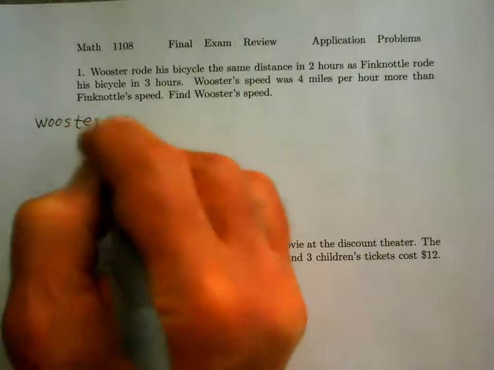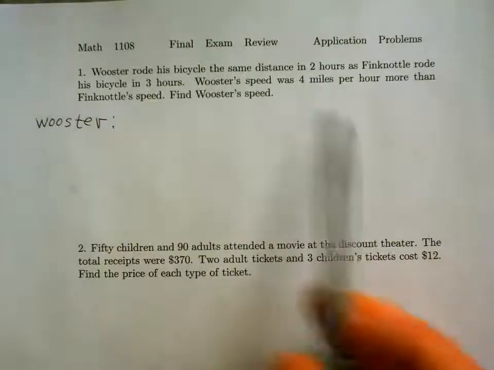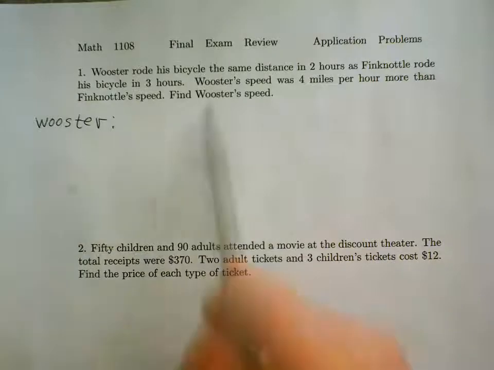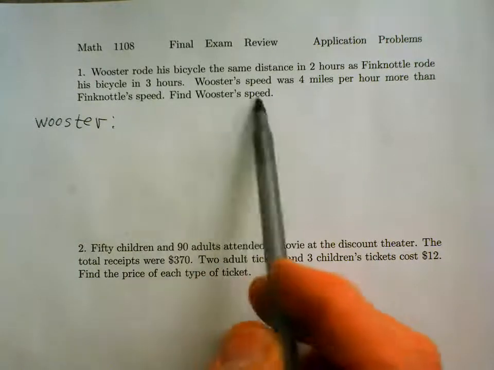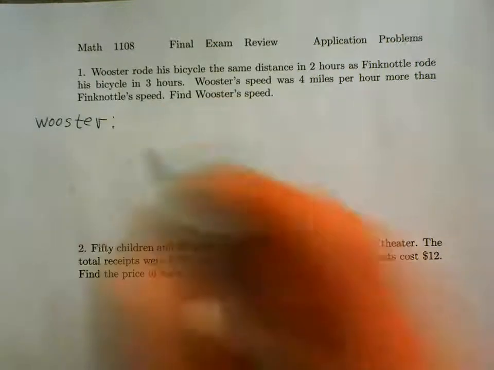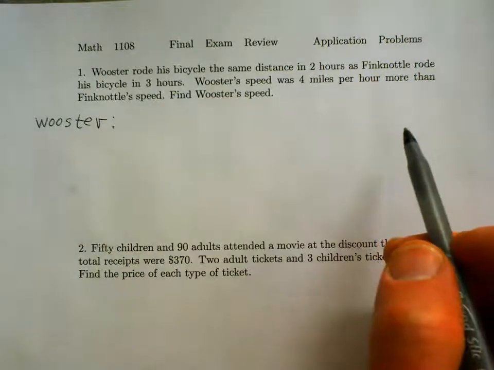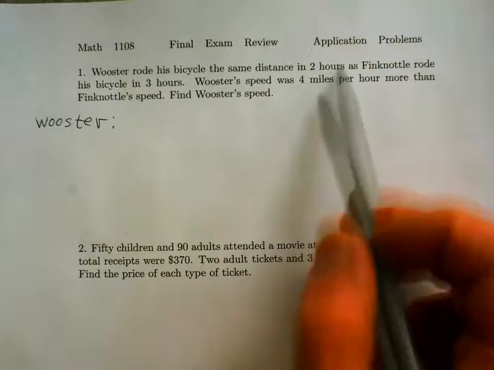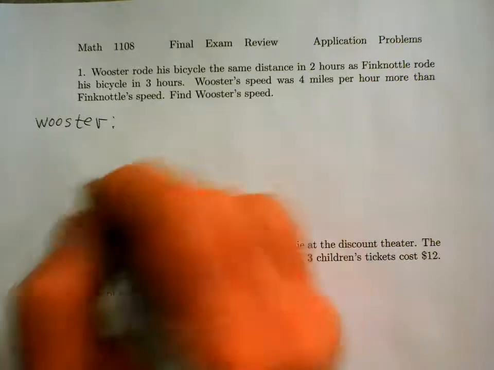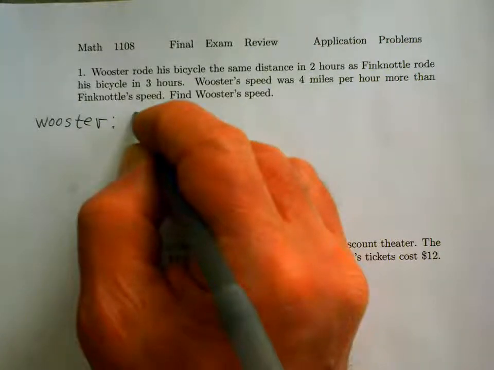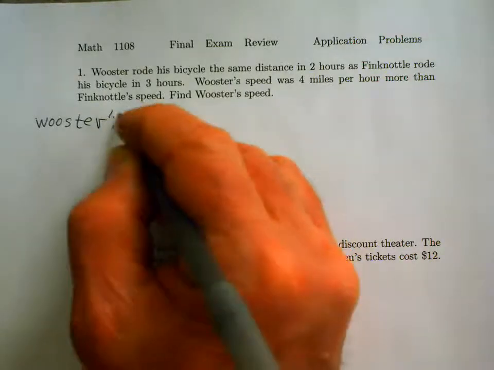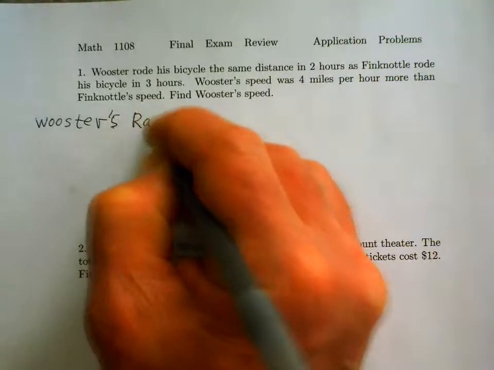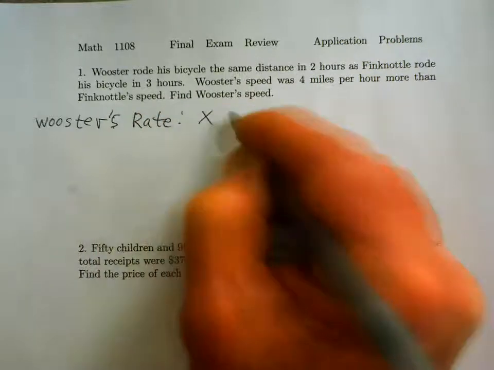Okay, so we're supposed to find Wooster's speed or Wooster's rate. So since miles and hours are mentioned, let's say that Wooster's rate or speed is X miles per hour.